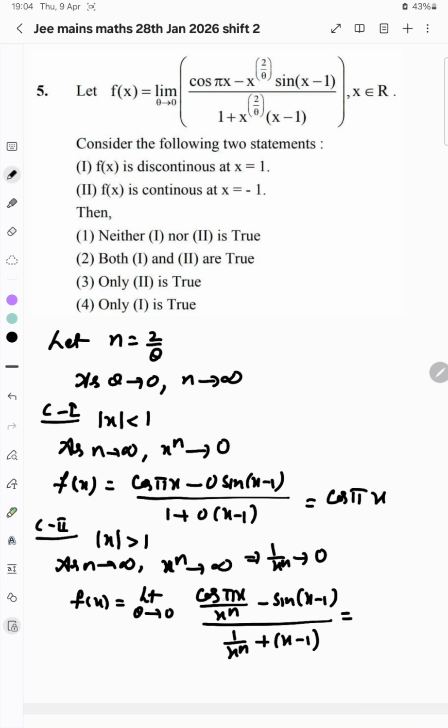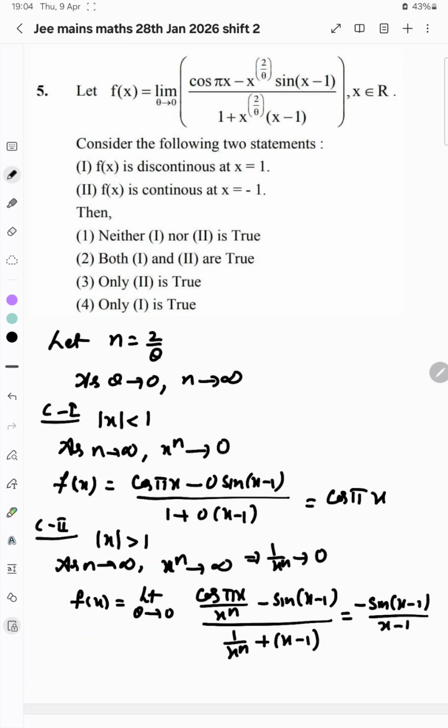Zero into any finite value is 0, so that term is completely 0, and only −sin(x − 1) remains in the numerator and only x − 1 in the denominator. So −sin(x − 1)/(x − 1) is what is left over.